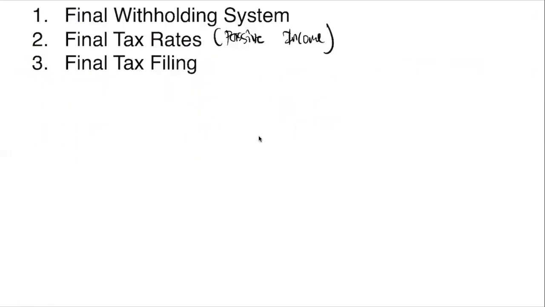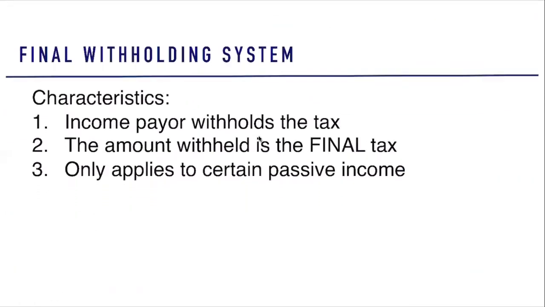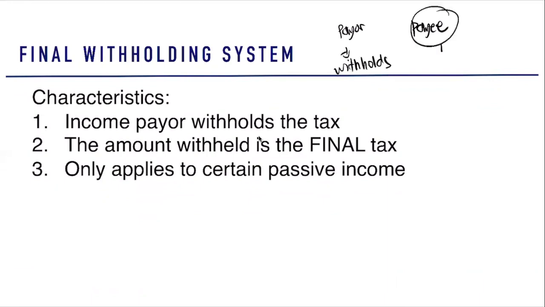Let's start. To start, we discuss again the characteristics of a final withholding system. Remember, in a withholding system, we have your income payor and income payee. Who withholds? The payor withholds. The income payee is the income earner.